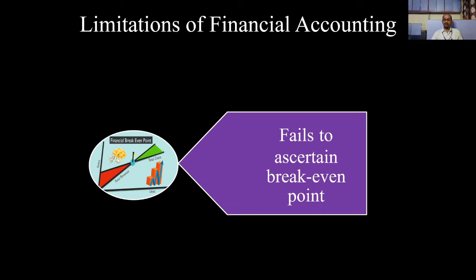So there is one situation where your total income will be equal to your total expenditures. In simple words, we can say the situation of no profit, no loss. So this is possible in cost accounting. We can find it out.